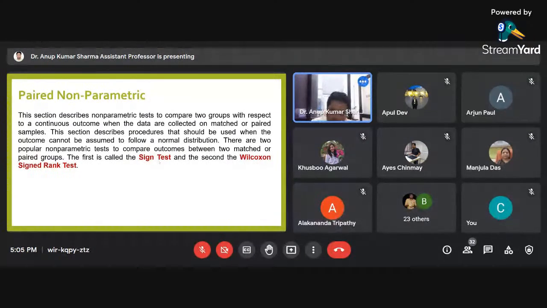Suppose H naught says the median is equal to 5, and I have the data 1, 2, 4, 8, 9, 10. We find the corresponding sign. 1 minus 5 is minus.